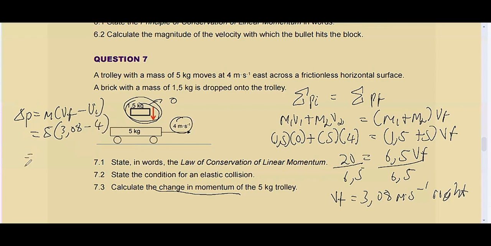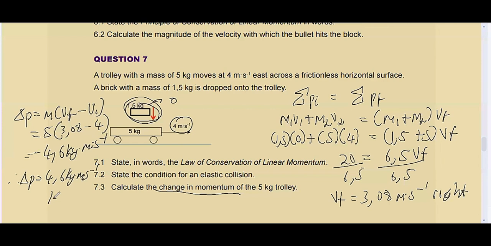Now we can see that after the brick fell into the trolley, it slowed down. So that means our momentum has to be in the opposite direction. So that gives us negative 4.6 kg meters per second, which we can then conclude and say change in P is 4.6 kg meters per second.